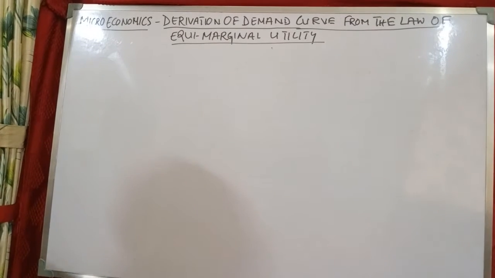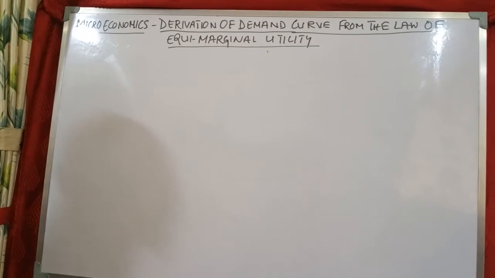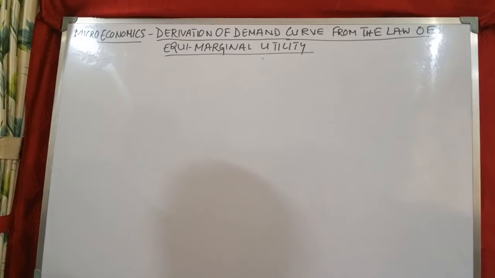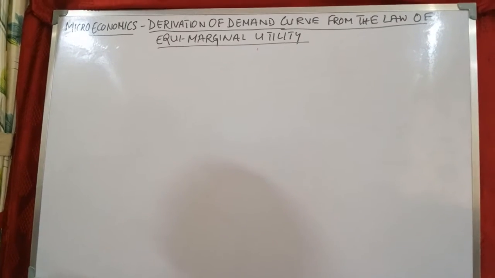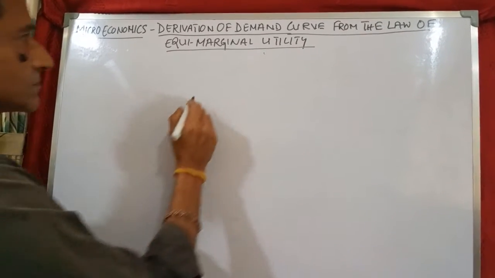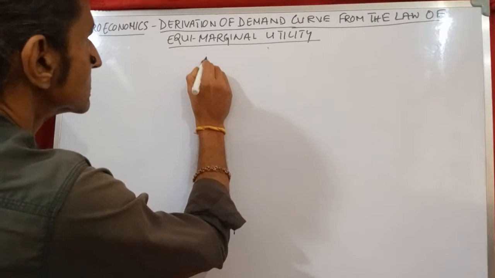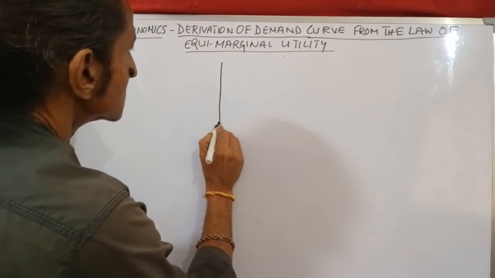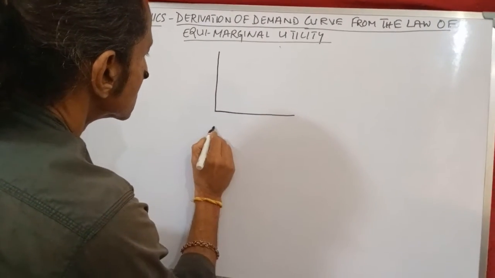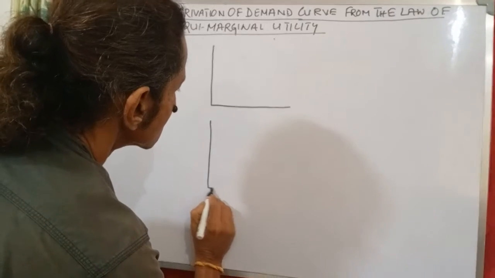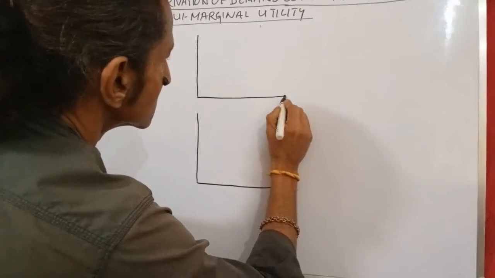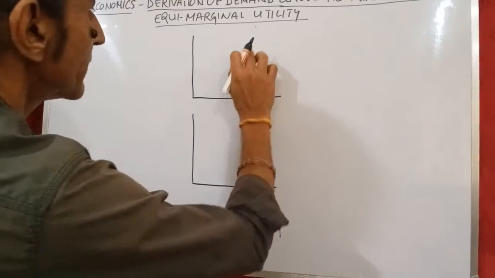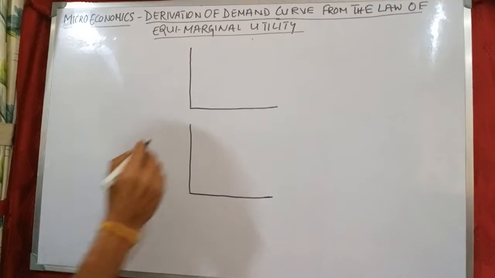Now I am drawing two diagrams. Basically, this is one single diagram having two parts, the top part and the bottom part.